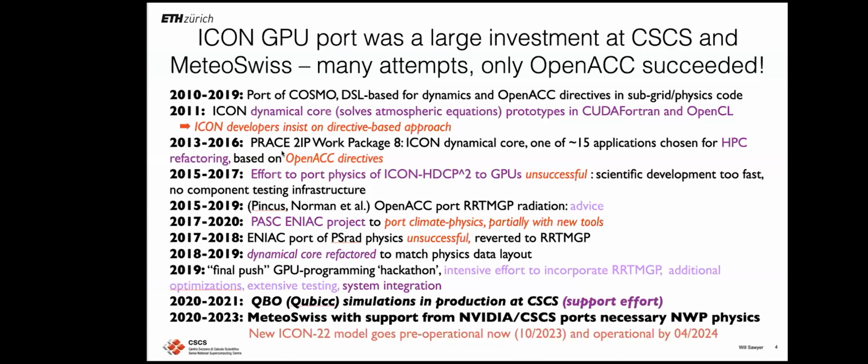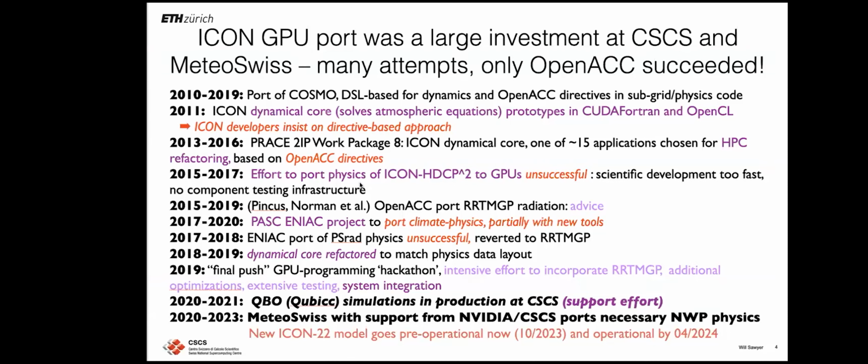And that then led to a project, actually PRACE, second implementation project funded by Work Package 8, which funded the development of the dynamical core of ICON using OpenACC directives. So this was in ICON, I think, the first big milestone that the dynamics was functioning with OpenACC directives on GPUs by the middle of the last decade.